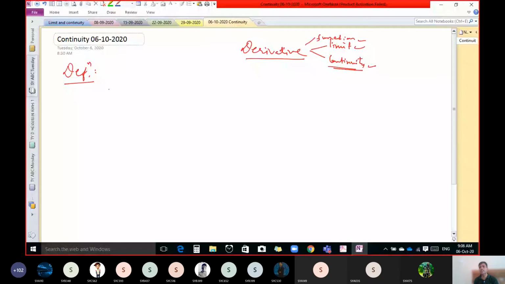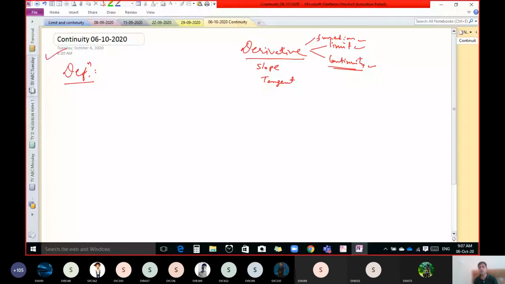Derivative is also known as tangent, or you can say slope or tangent. And in tangent, we require to know whether the graph of the function is continuous or not. To know whether the function is continuous or not, we require the concept of continuity.